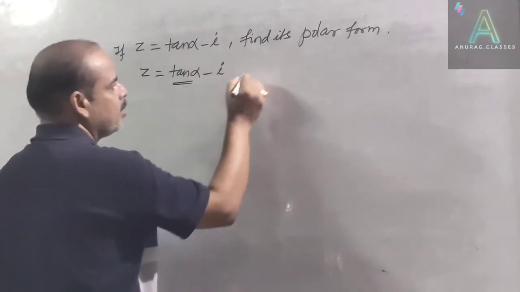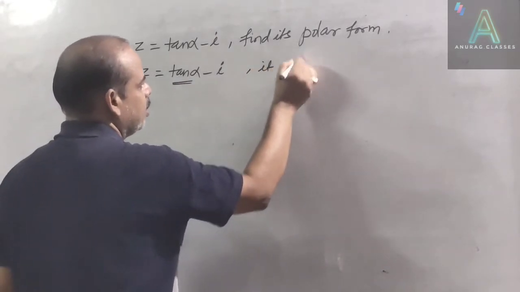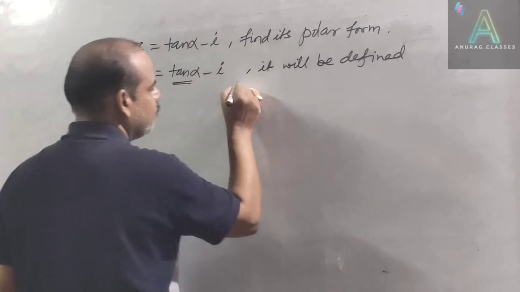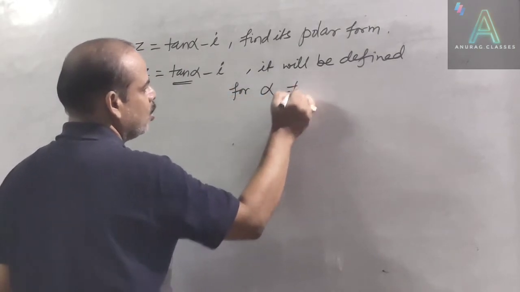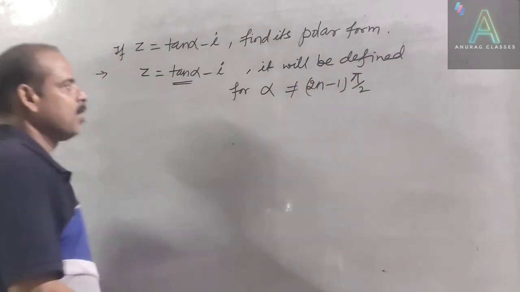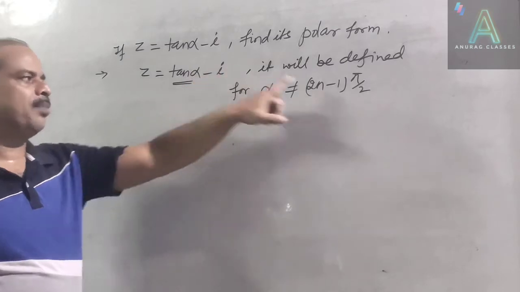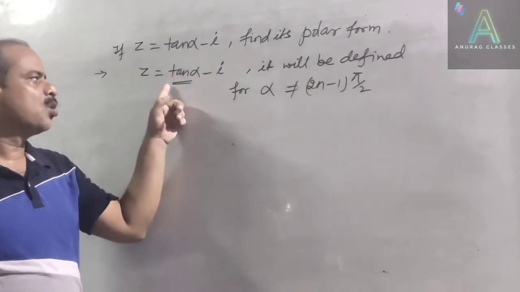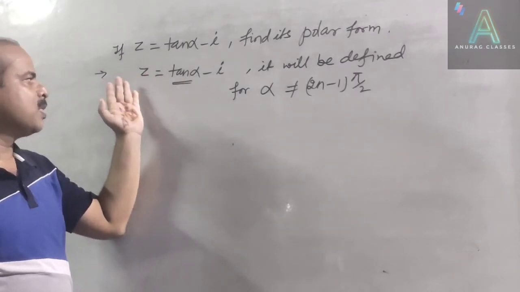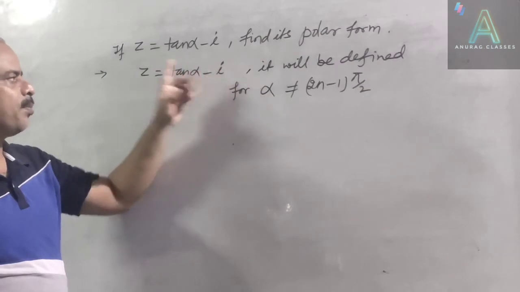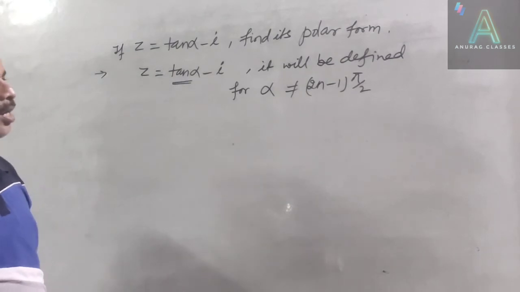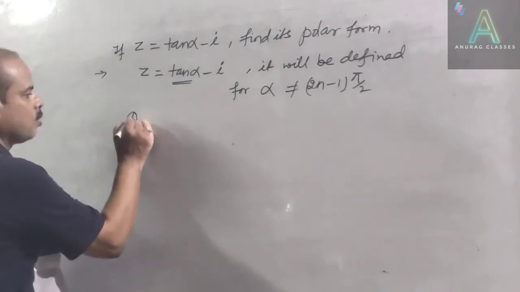Means clearly it will be defined for alpha not equal to (2n minus 1) pi by 2. If alpha is any odd multiple of pi by 2, then tan 90 degrees becomes infinity, not defined. This means that in z is equal to tan alpha minus iota, the value of alpha can never be equal to pi by 2 or its odd multiple.